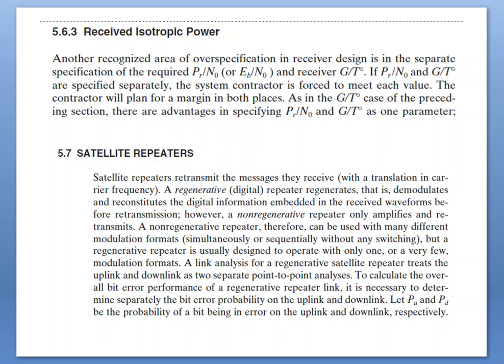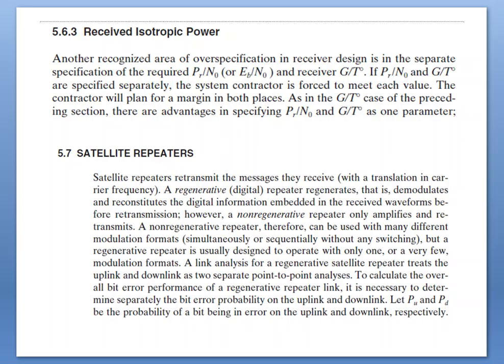A link analysis for the regenerative satellite repeaters treats uplink and downlink as two separate point-to-point analyses. To calculate the overall bit error performance of a regenerative repeater link, it is necessary to determine separately the bit error probability of the uplink and downlink.